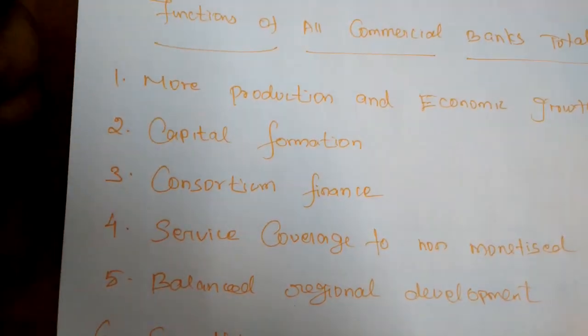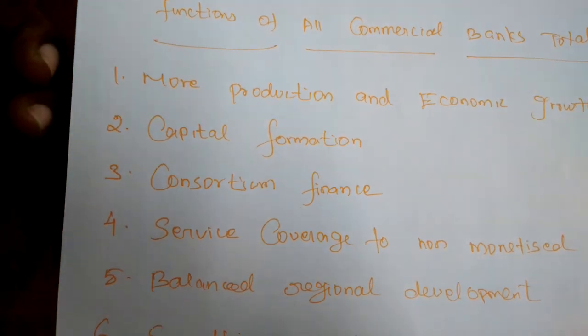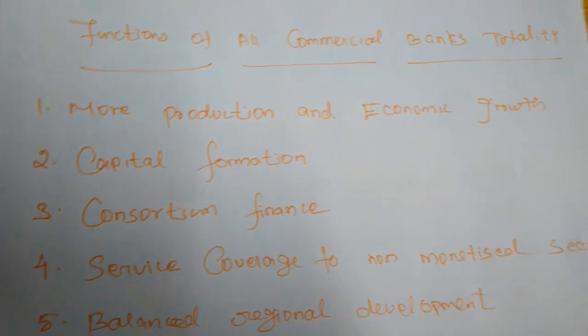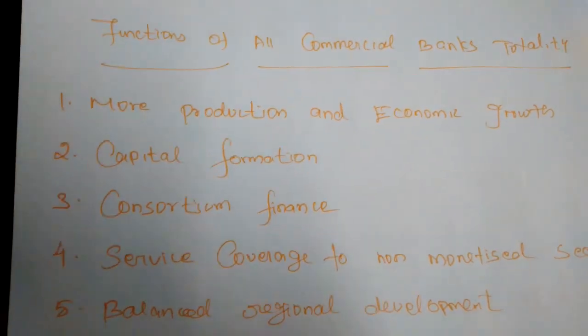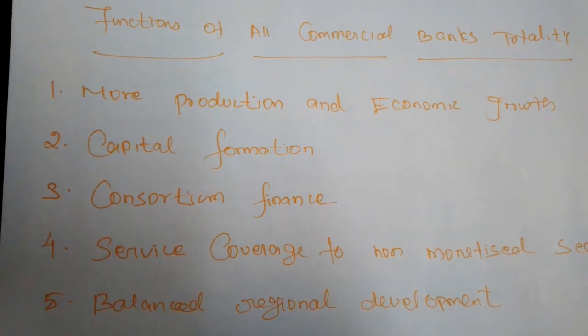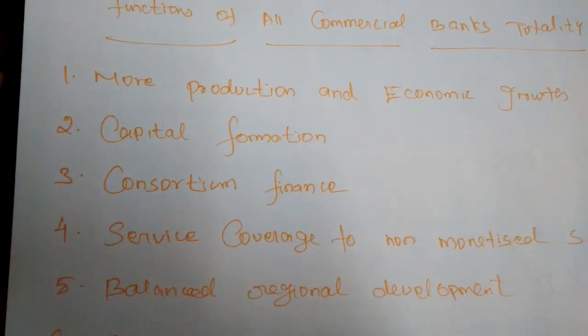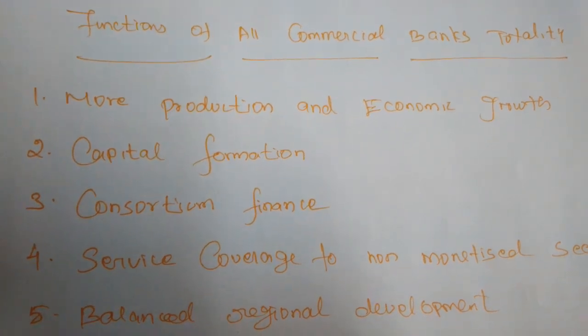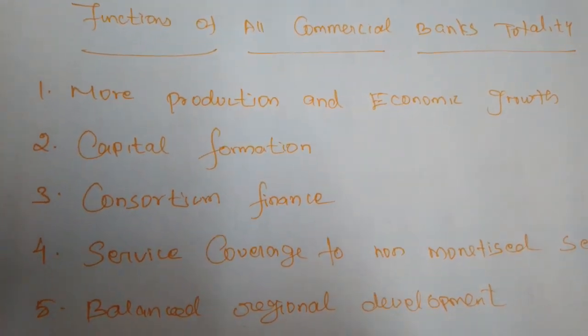All commercial banks put together perform certain functions for the development of the country's economy. By improving the country's economy, all commercial banks in totality provide some functions. First, more production and economic growth. How is more production and economic growth possible because of the functions of commercial banks?